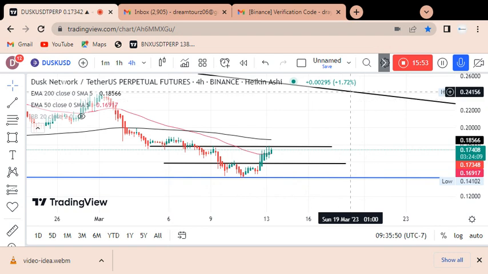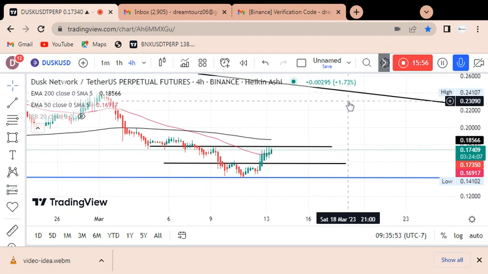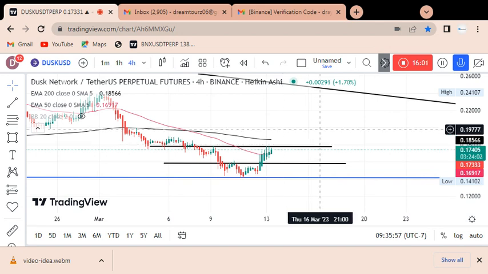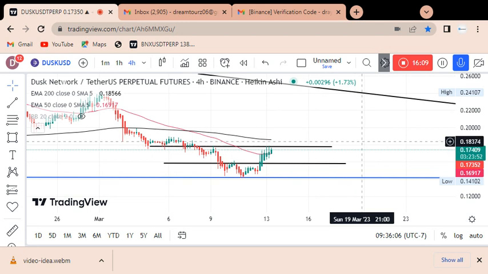Now, we are waiting for it to break out of the structure right now because it's on the 50 EMA. So now I smell a bullish signal once price breaks out from here, because I'm seeing a head and shoulder.